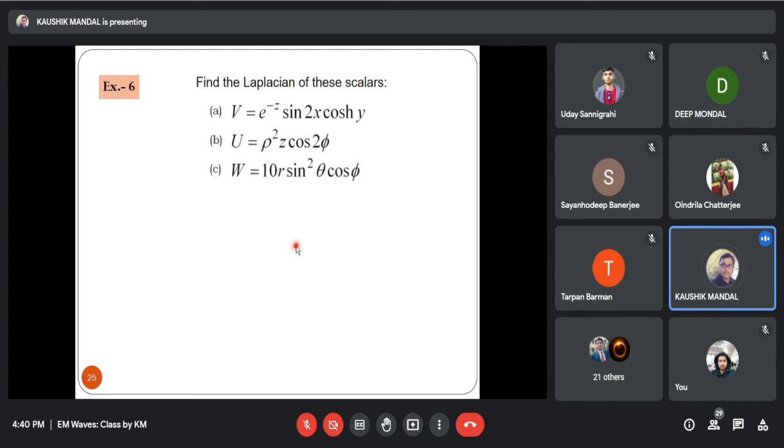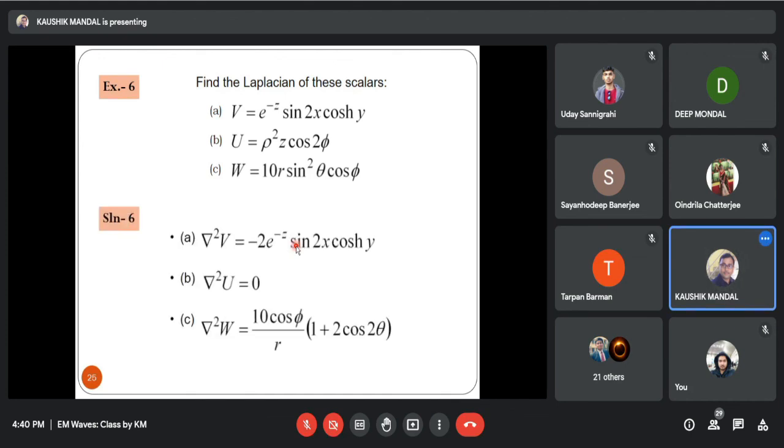V equal to e to the power minus z sine 2x, U equal to rho square z cos 2 phi, and this one. Okay, you will check the equation calculations.